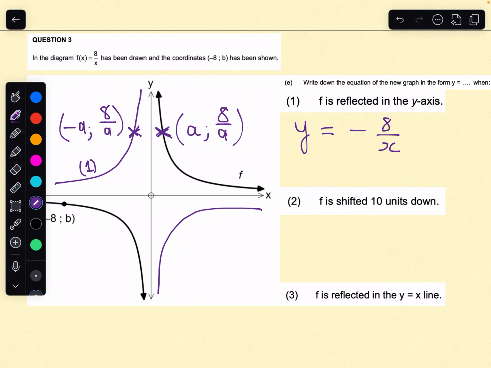Okay, let me think about how I want to say this before I say it. So effectively then, the new function that we're creating, so let's call it g of x, is going to be the same as f of minus x, which is then the same as 8 over negative x, which also then gives us negative 8 over x.